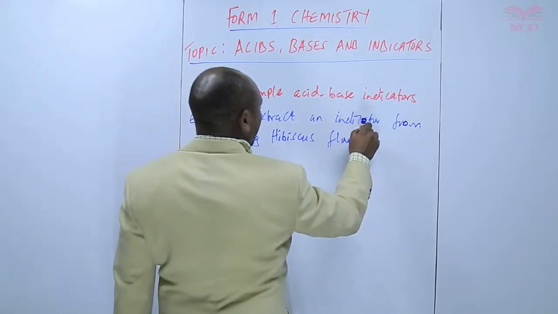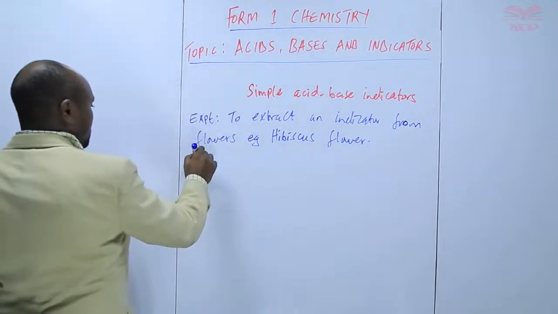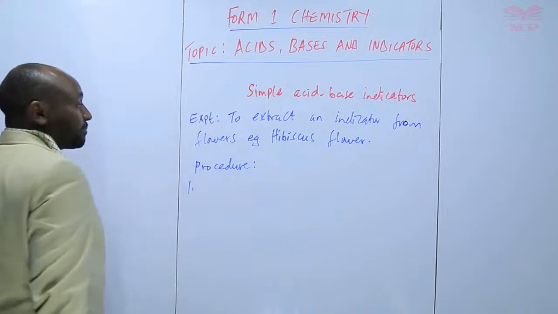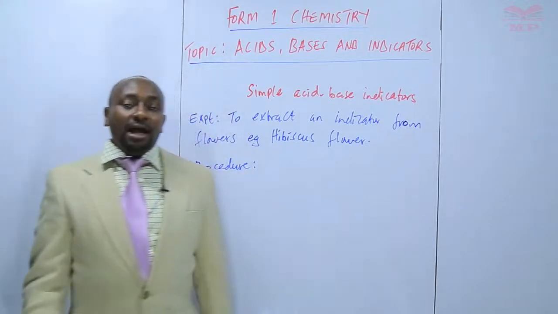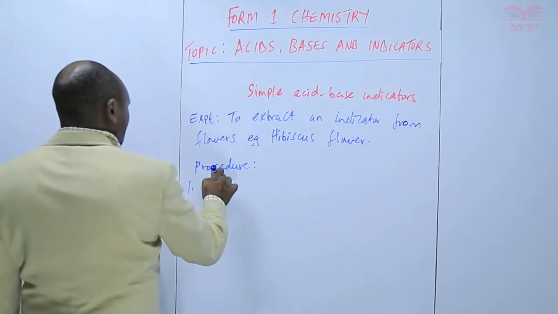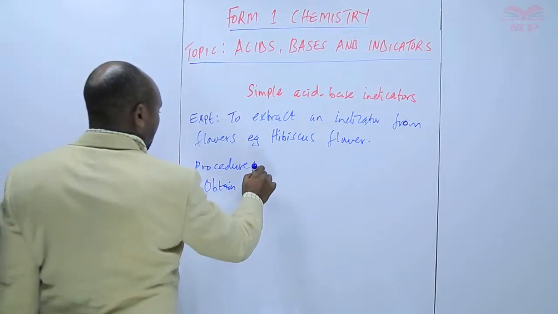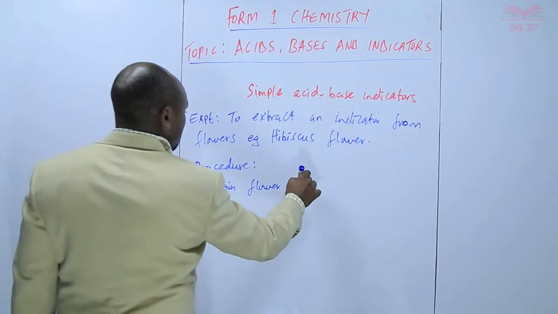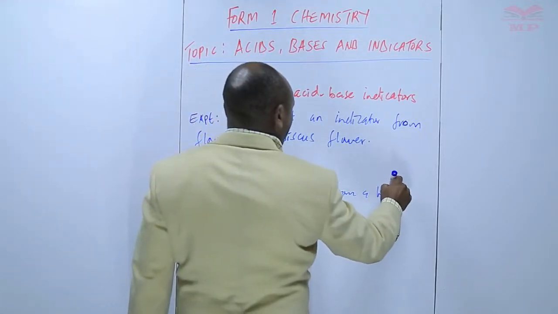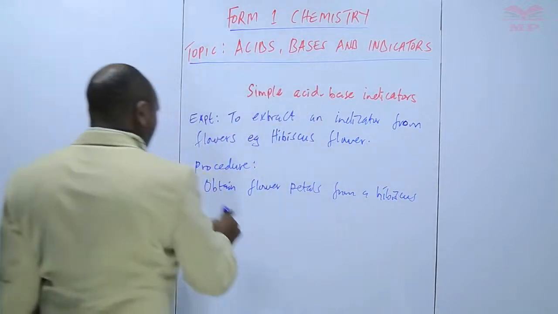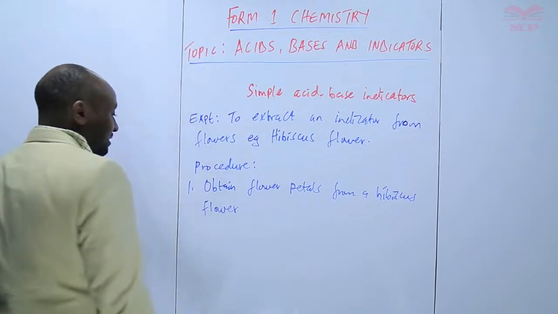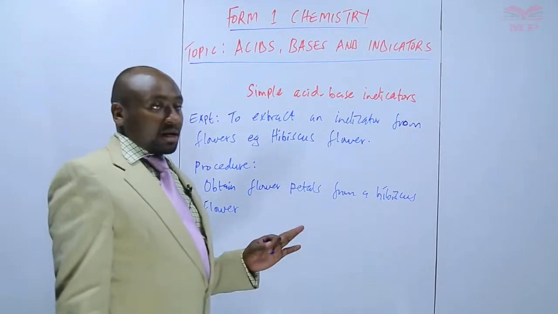E.g., hibiscus flower. So the procedure, the first step is to obtain the flower petals from a hibiscus plant. So obtain flower petals from a hibiscus flower. Is a plant that has some pink flowers.